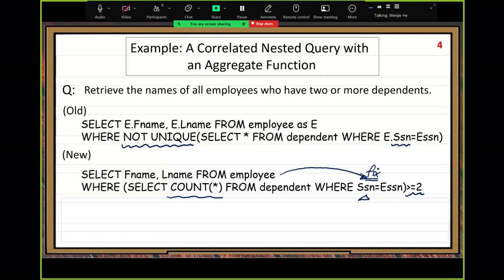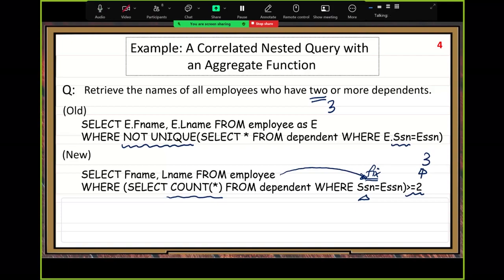Here you can see the newer version is better than the older version. Because in the newer version, for example, if you change 2 to 3, we just change this 2 to 3. So easy, right?